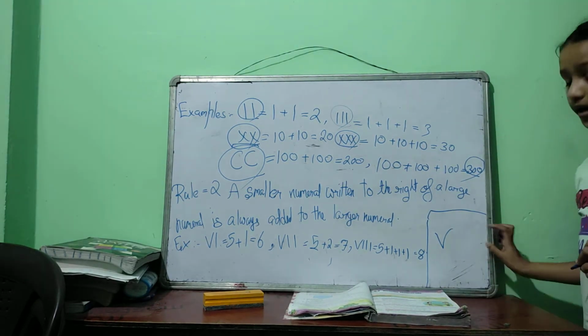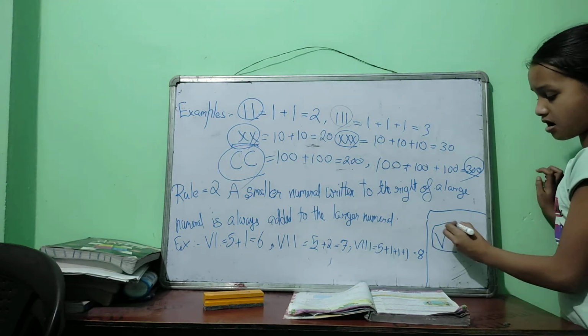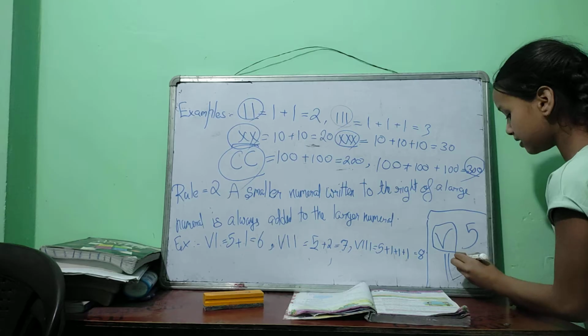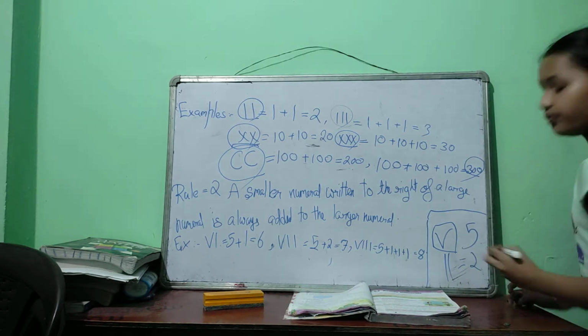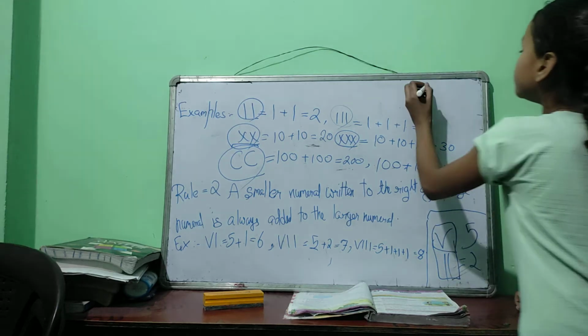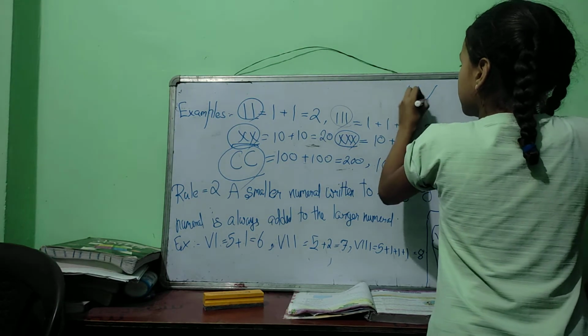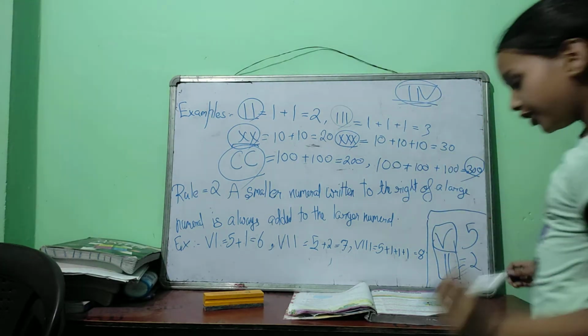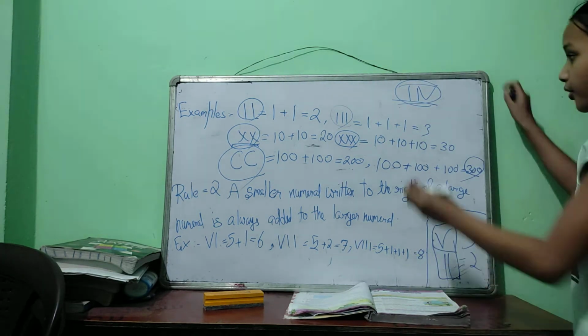For example, V means 5 and double I means 2. Now we will add this 5. We can't write it like this; this is a meaningless Roman numeral.